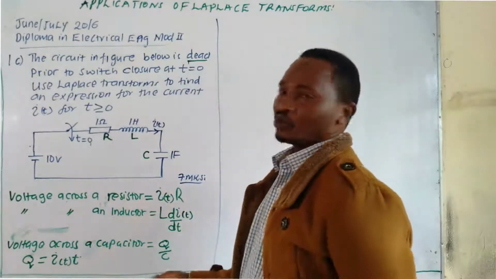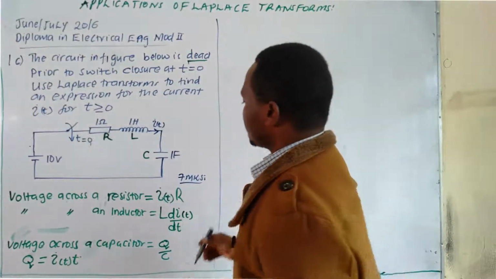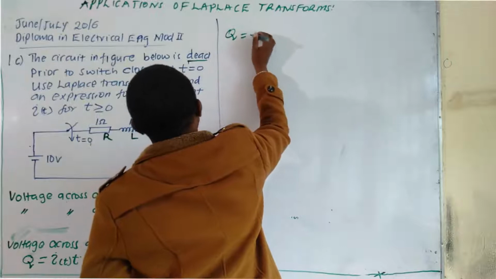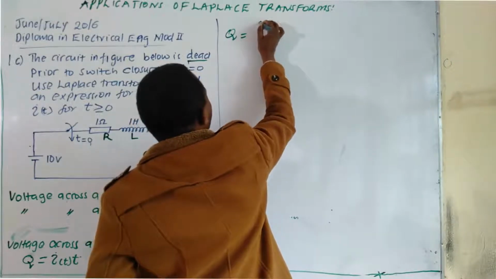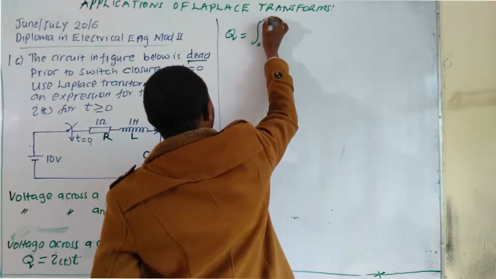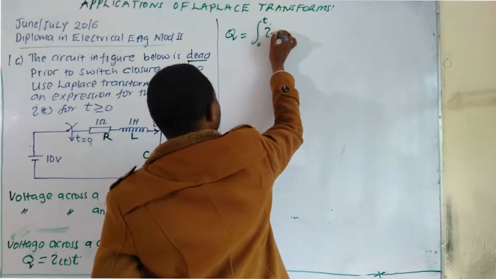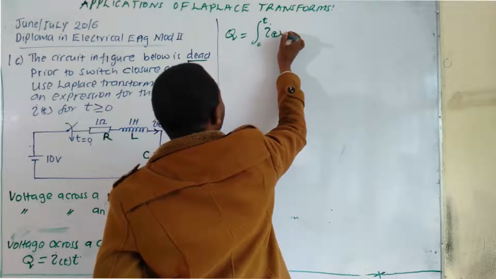But we actually do not know what the time will be. So we can say the charge Q will be the integral from 0 to t of i(t) with respect to t.